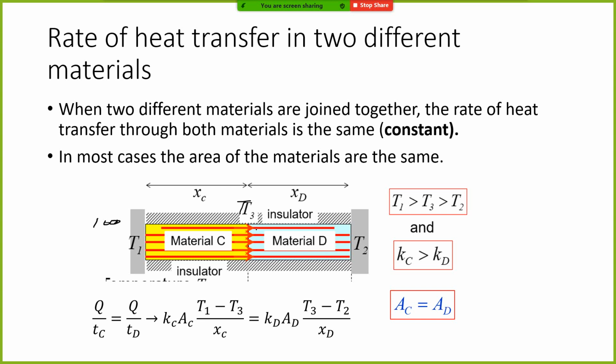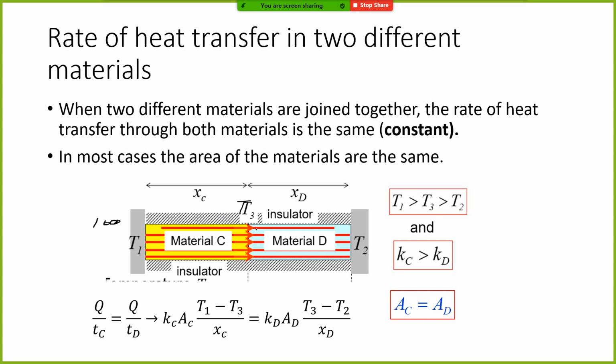Could you go over the temperatures again? About the temperature being greater than, T1, T3? Yes, remember, it's a temperature gradient. So T1 is obviously going to be a higher temperature.